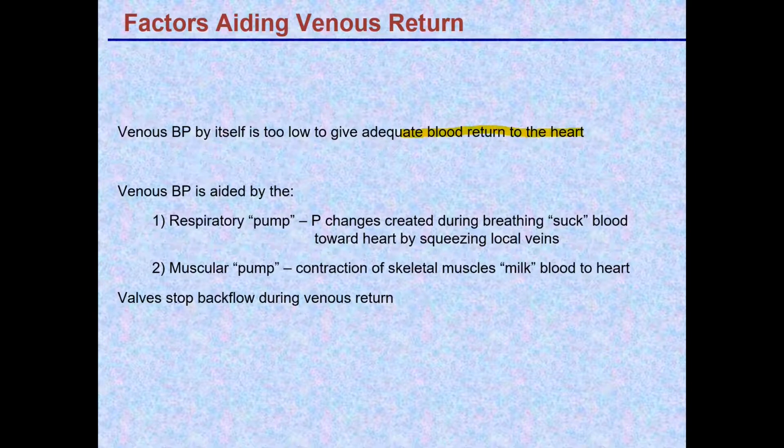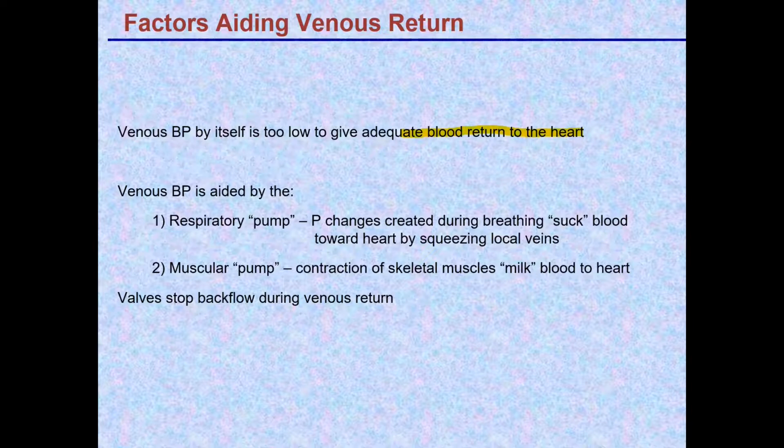Blood flowing back to the heart is called venous return, and the blood pressure on that side is the venous blood pressure. The higher the venous blood pressure, the higher the gradient. I mean, there's not much, right? But it helps maintain flow back.